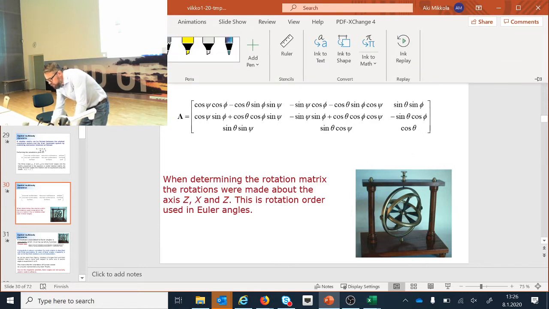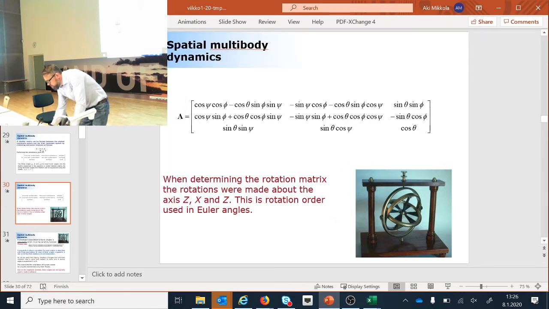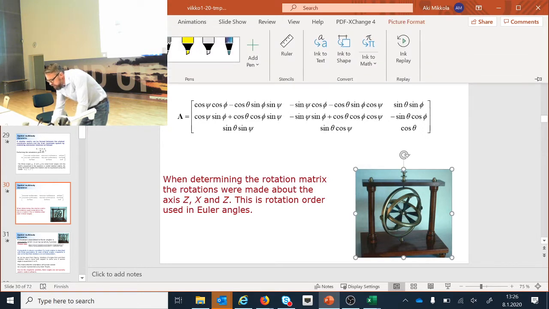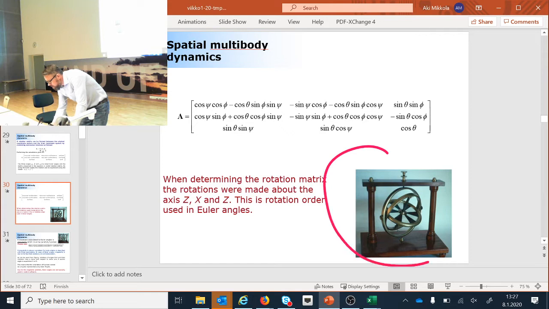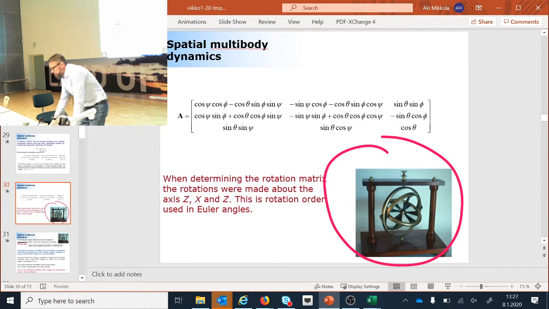Or maybe the best way to describe it is by looking at this gyro. Now, if 2 out of the 3 axes become parallel, then the system becomes a planar system, and it's kind of eliminating one motion possibility, and that's what is called gimbal locking.